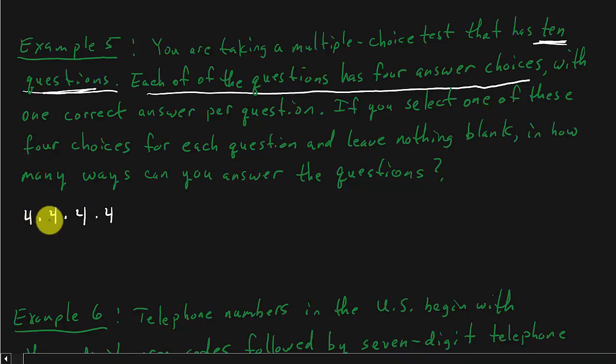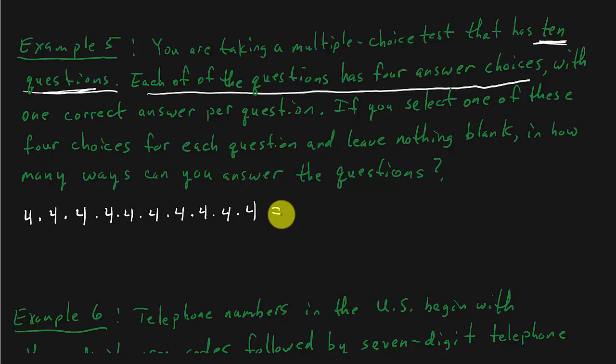It's the same on each question. So this is question 1, question 2, question 3, question 4, question 5, question 6, question 7, question 8, question 9, question 10. Now, when you go put that in your calculator, you don't want to type in 4 times 4 times 4 times 4. Remember, this is the same thing as 4 raised to the 10th power.